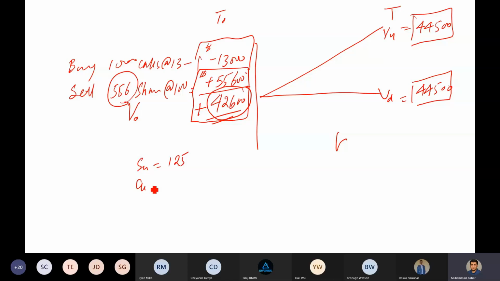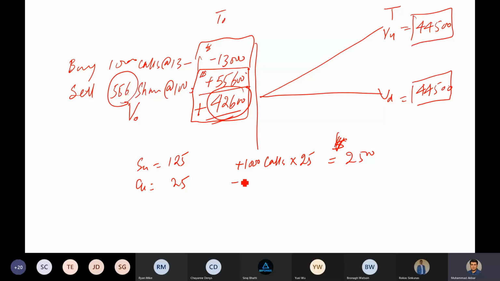Yes. So you see, in future the stock price will be how much? 125. CU will be how much? 25, isn't it? So you will have 1,000 calls that you have purchased. Each call will be worth 25, and because you have purchased, it will have a plus sign. So 25,000. You will get $25,000 from the calls, but then you have sold 556 shares, so you will need to buy them back.